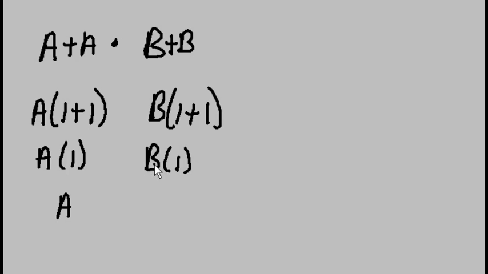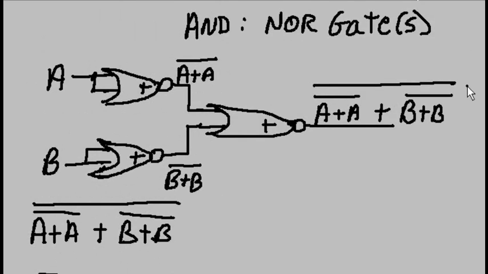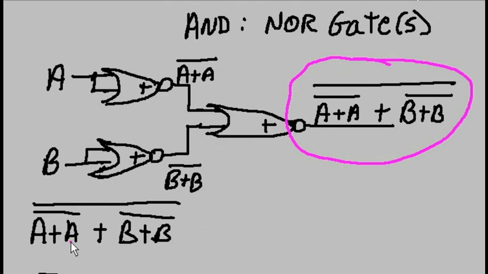Anything ANDed with a 1 will be whatever that anything is, which in this case is B. Let's bring down the AND and we've got our answer, which is A and B. So let's go back up to the top, and we can now see this here is actually A ANDed with B.